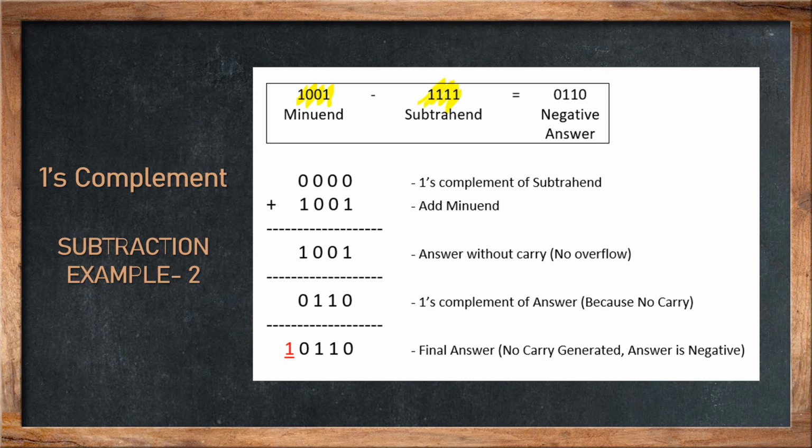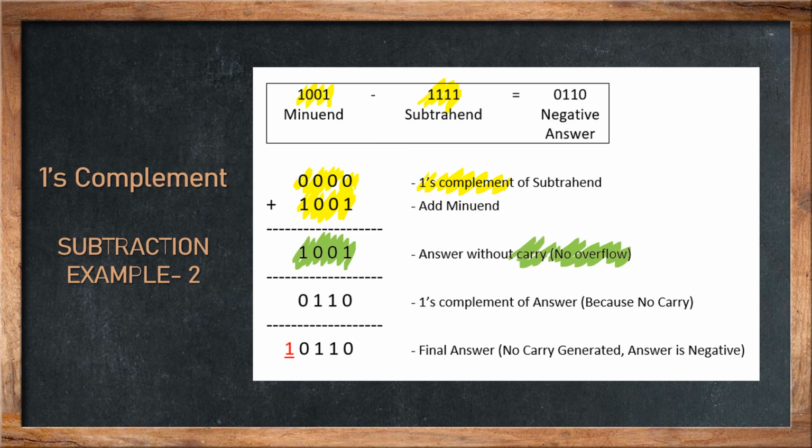First, to find the ones complement of the subtrahend, we simply invert its bits and get 0000. The next step says add the minuend to the ones complement, and my minuend is 1001, and I got the answer 1001. As we can see, I got a 4-bit answer for the 4-bit values, so there is no bit overflow, and I don't have any carry.